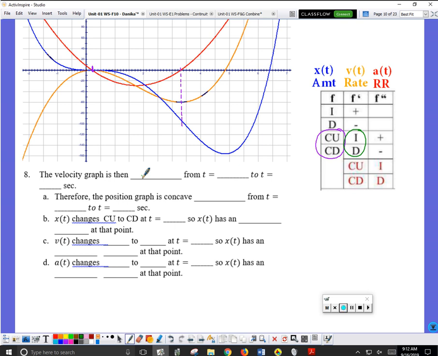Decreasing. So they actually said, looking here, where they said velocity is decreasing from time 0.2 to about 3.3. When the velocity graph is decreasing, the position graph must be concave down for that same time frame.